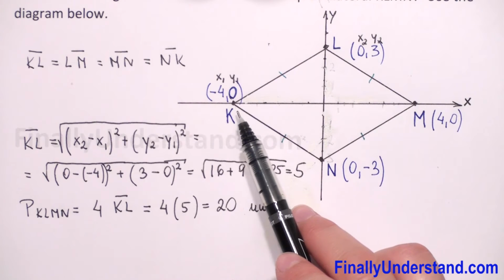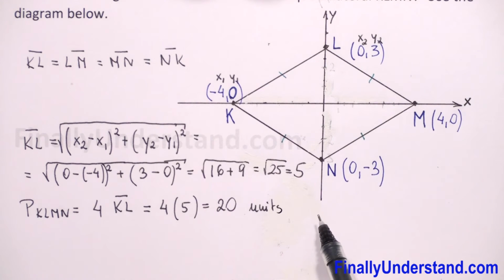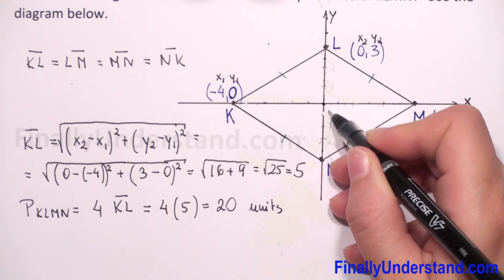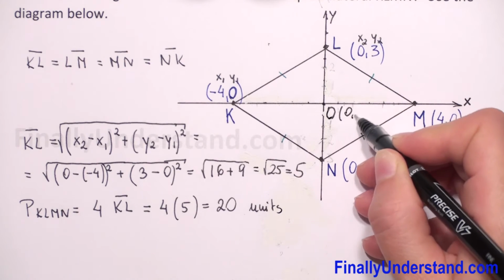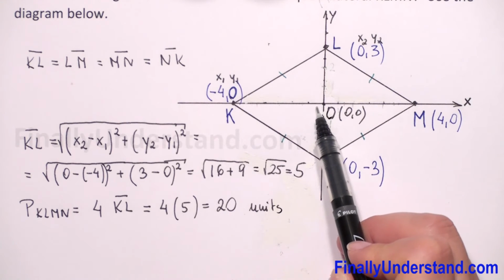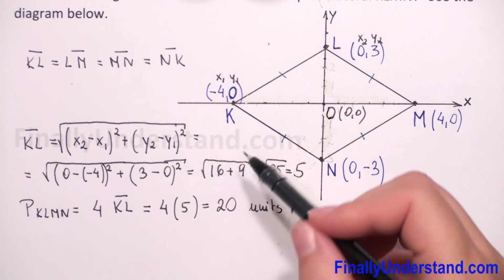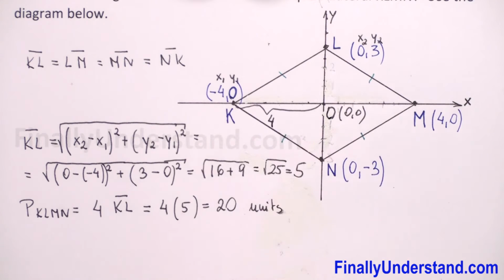We see that the points K and M are symmetric about the y-axis, so the distance from point, let's put that this is point O and has coordinates 0, 0, from K to O is 4 because the first coordinate is negative 4, so we take the absolute value of negative 4, so this is 4 units.